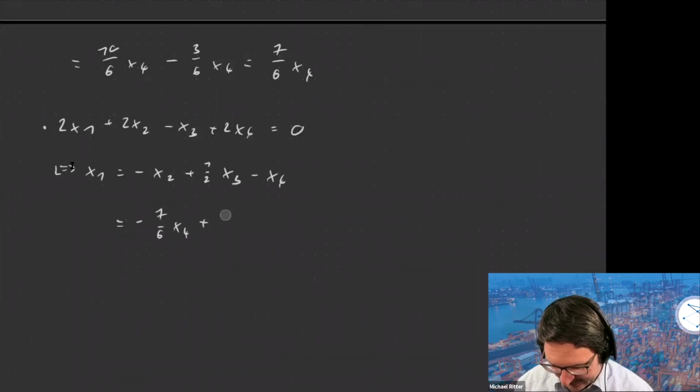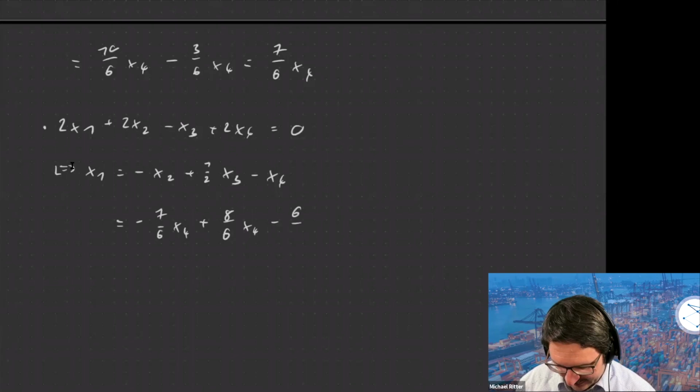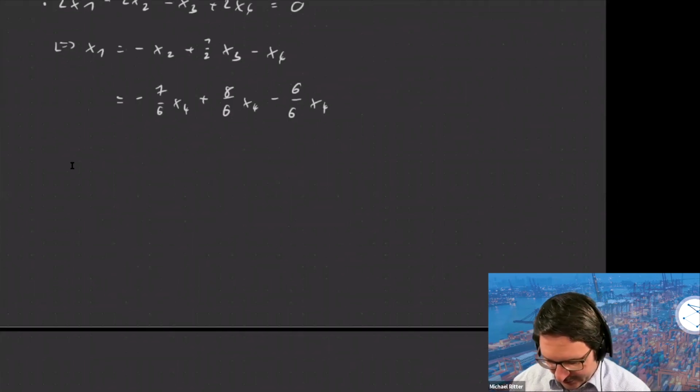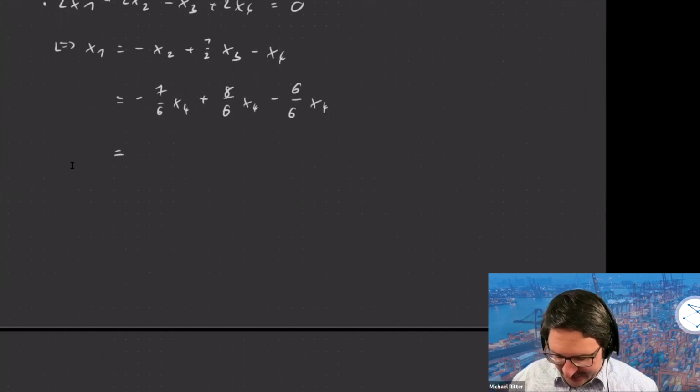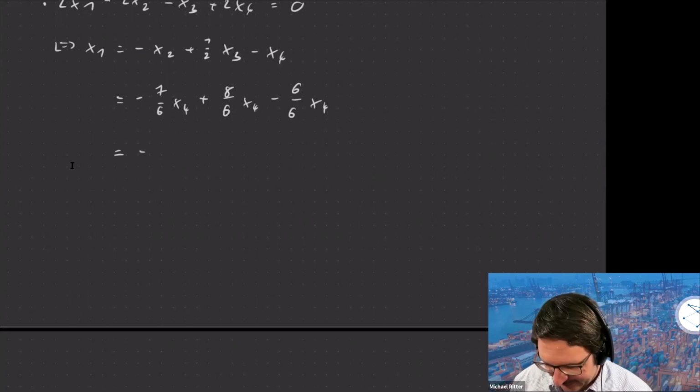So that's 8 over 6 x4. And then minus x4, well, minus 1 times x4, that's minus 6 over 6 x4. So in the end, we have minus 7 plus 8, that's 1, minus 6, that's minus 5. So it's minus 5 over 6 x4.